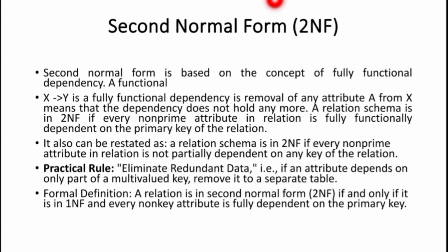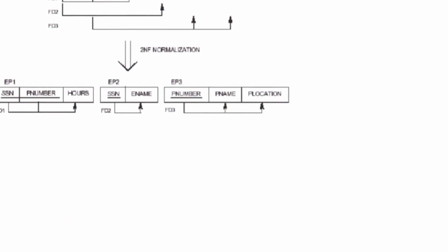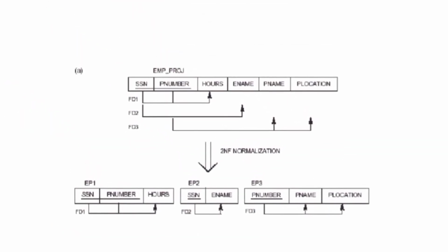Many different definitions are there, but I am going to explain the formal definition. It will make things easy for you. I am going to explain with the example. You need to understand what the prime attributes and non-prime attributes are here.